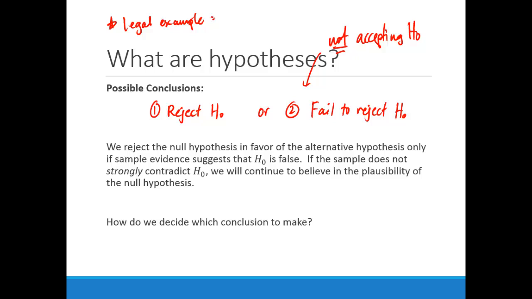Yeah, right. They're guilty or not guilty. The defendant is never declared innocent, right? That's kind of the same idea that we have going on here. We're either saying that the null hypothesis is false, so that's like a guilty, or we're failing to reject. So we're not saying that the person is innocent. We're just saying that they're not guilty.